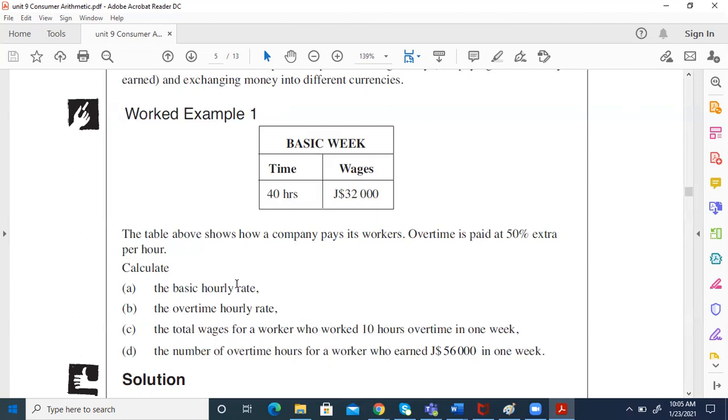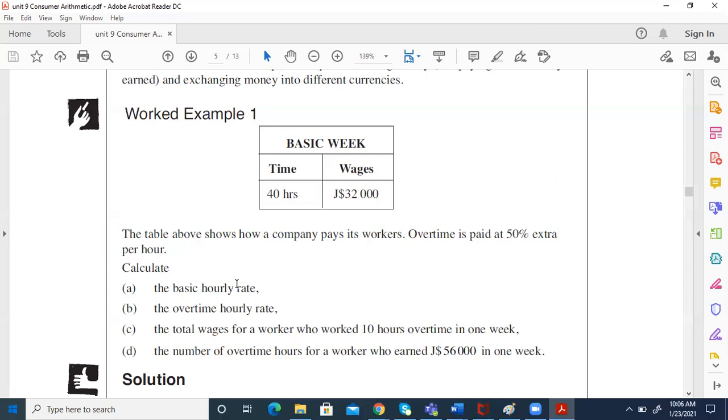As I was saying, you have two ways: find 50% of 800 and add it back to the 800, or just multiply the 800 by 1.5. The one represents the 800 and the 0.5 represents the half, the 50% that you're going to add on top. So you kill two birds with one stone.